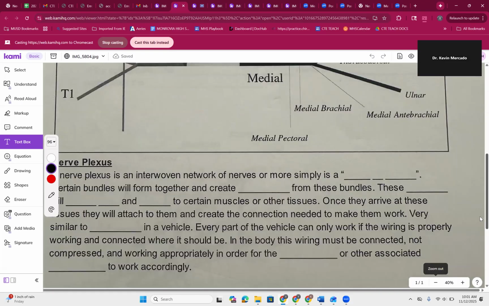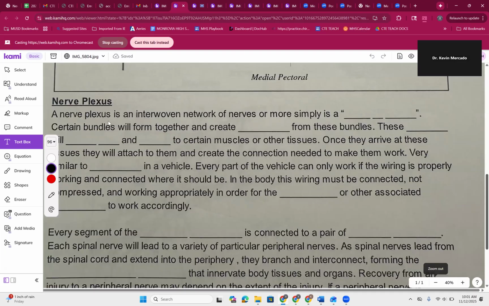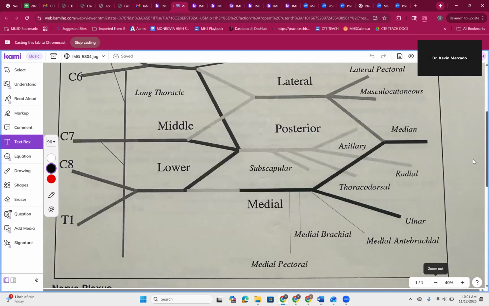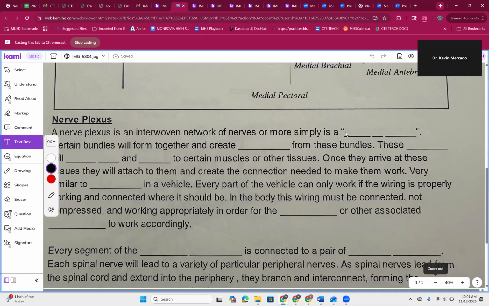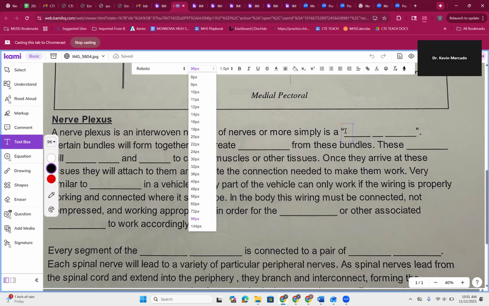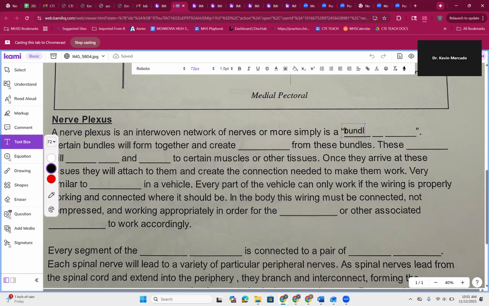A nerve plexus looks like this. So that's the next page here, right? A nerve plexus is an interwoven network of nerves, or more simply, a bundle of nerves.